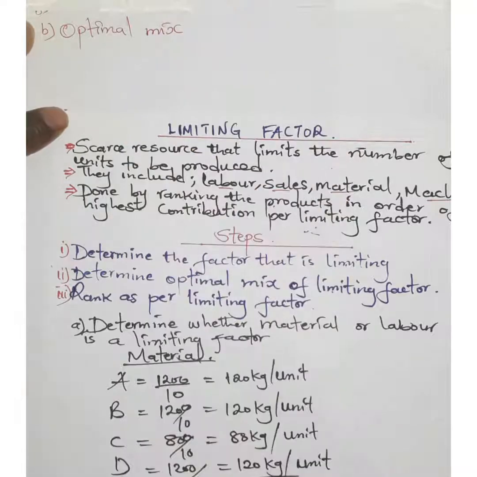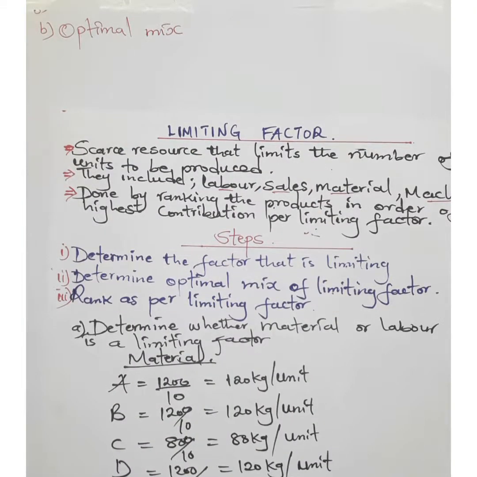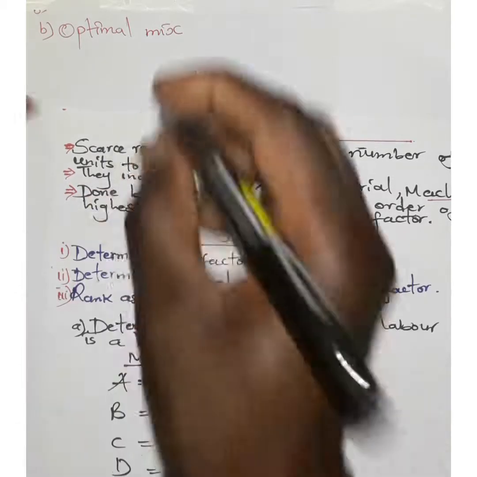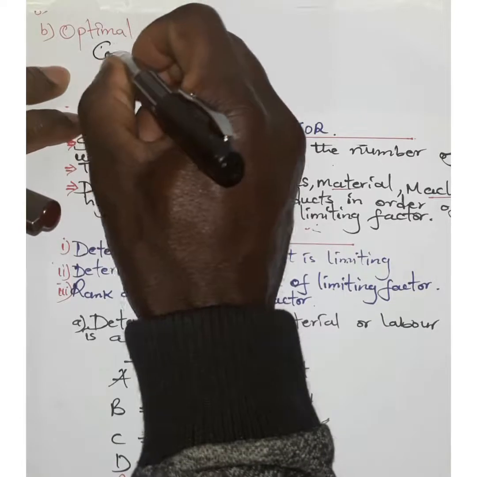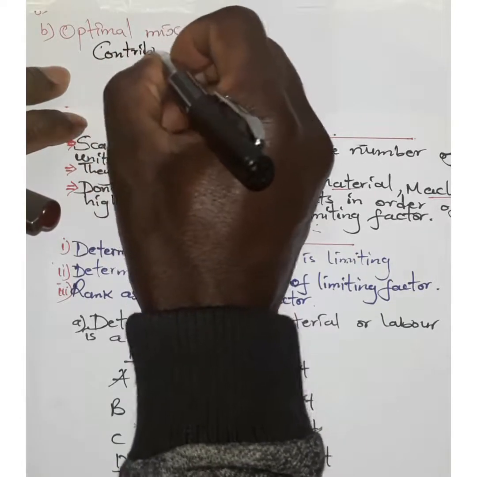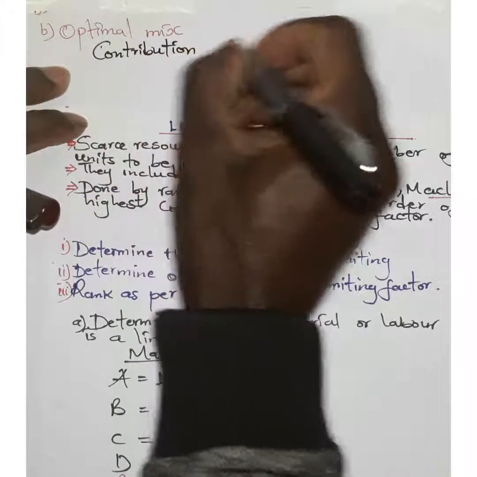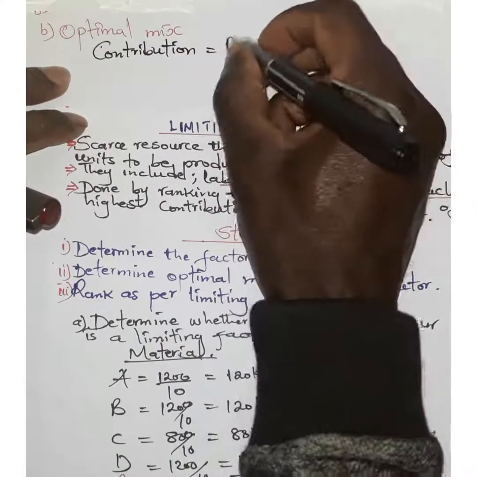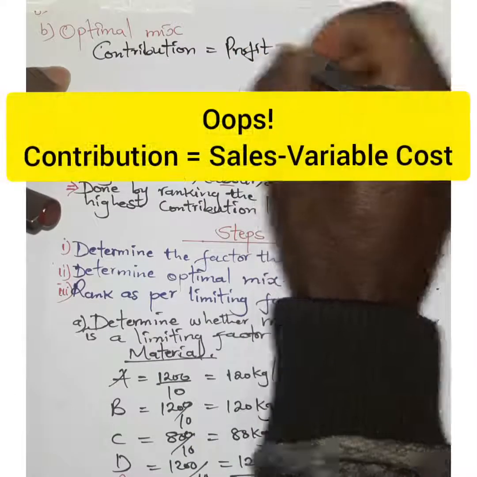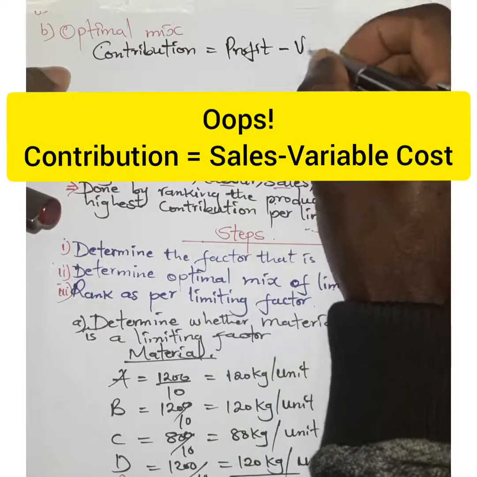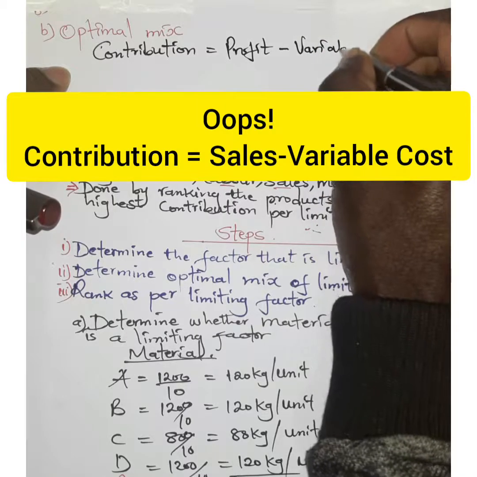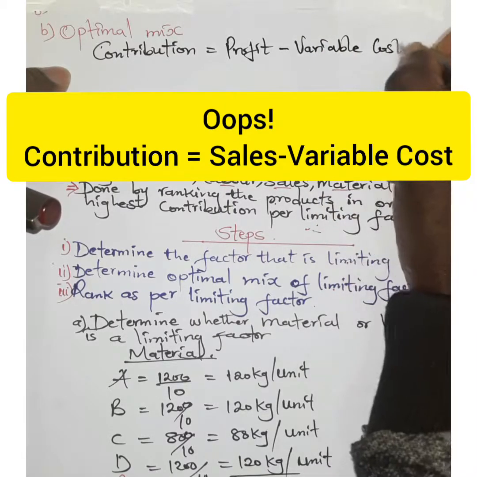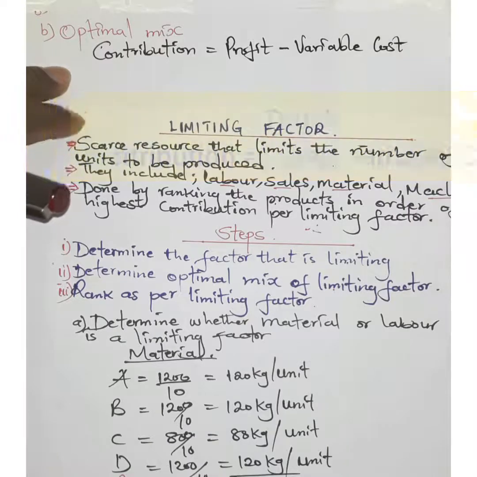When we talk about the optimal mix, I want us to understand something. It involves some aspects of getting the contribution, and contribution will normally be given by the sales minus the variable cost.